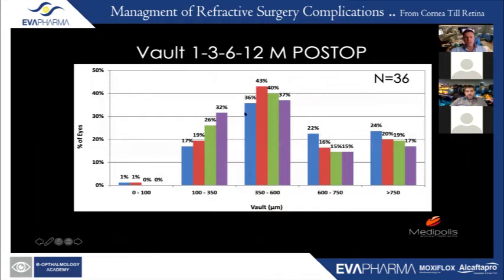These are the results with this formula. You can see the purple bar gives the 12-month post-op results, and all of the eyes are within 100 microns and below 1,000 microns of vault. I must point out that with the introduction of the Aquaport, the version V4C in 2011, already 9 years ago, I found out that a low vault is not an issue anymore.